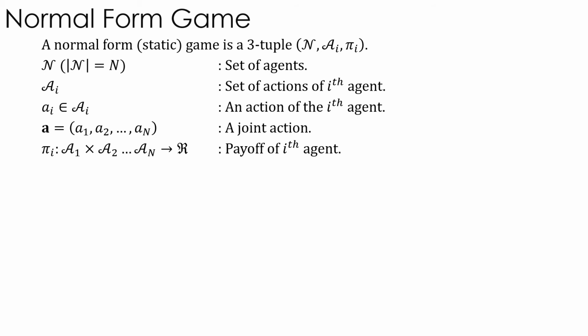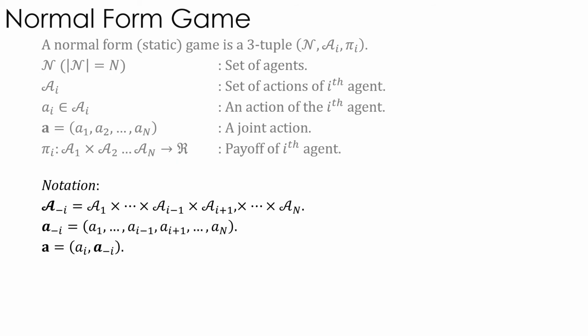A normal form game or a static game is a three-tuple consisting of a set of agents N with cardinality n, action sets A_i for each agent i, and payoff π_i of each agent i, which is a mapping from the joint action space to a real number. And lowercase a_i is any action of the ith agent, and A is any joint action of all the n agents.